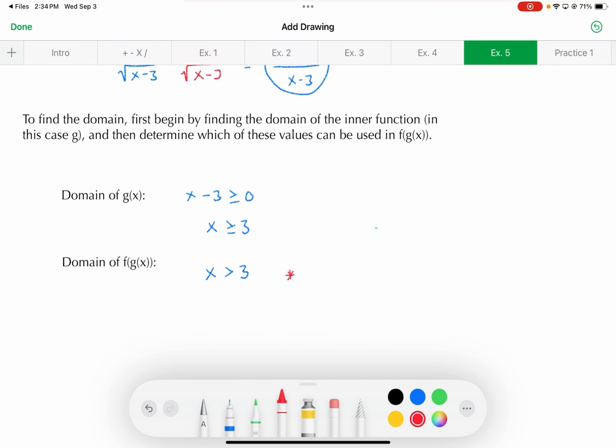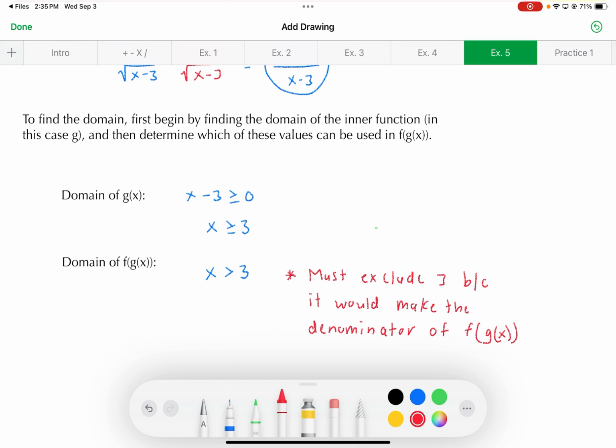Make yourself a note. It's really subtle if you go back and look at these to miss why we're no longer including the 3. We'll say must exclude 3 because it would make the denominator of f of g of x equal to 0.